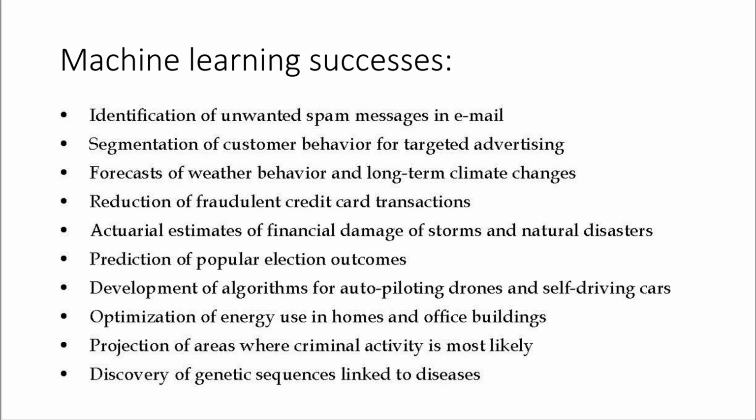So we know that machine learning is widely applied in many different areas. For example, it's used to identify spam messages in email, and to create targeted advertising based on the customer's behavior.